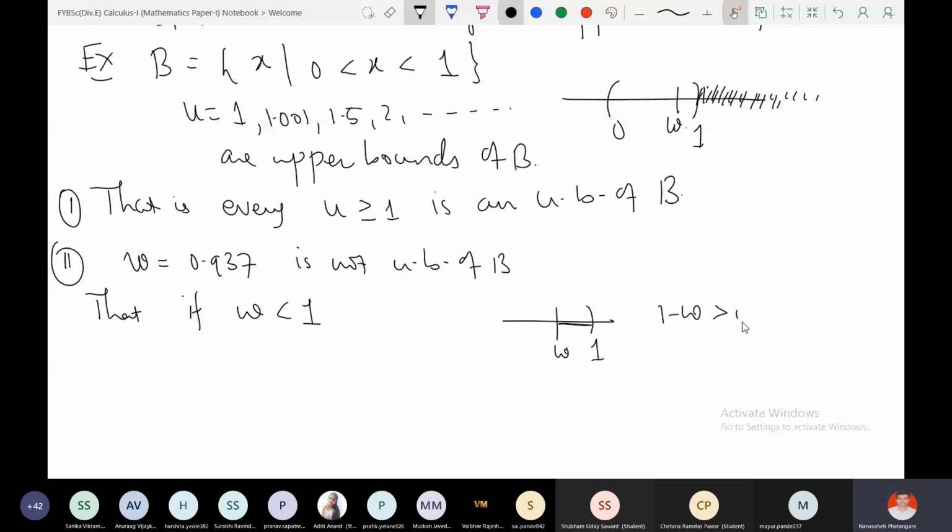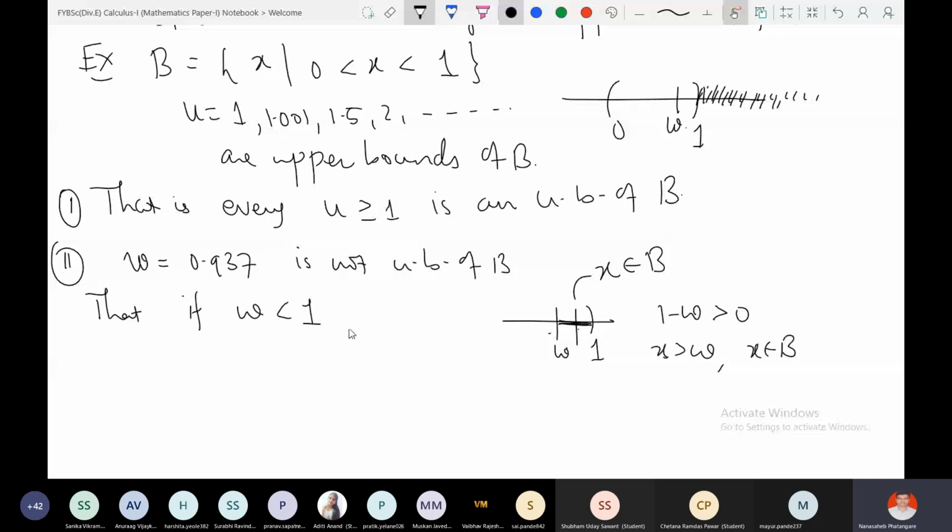And 1 minus W is this length. And in that length there are members of set B which are greater than W, right? So x is greater than W, and x is a member of the set. So W cannot be an upper bound because some members of the set are greater than W. That we can immediately see from this figure.